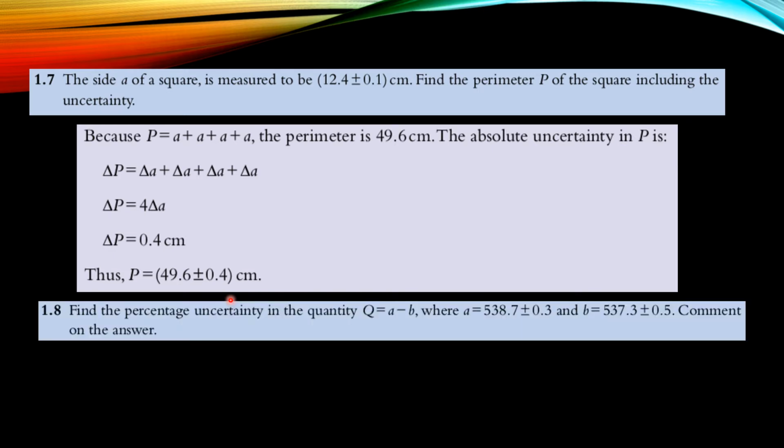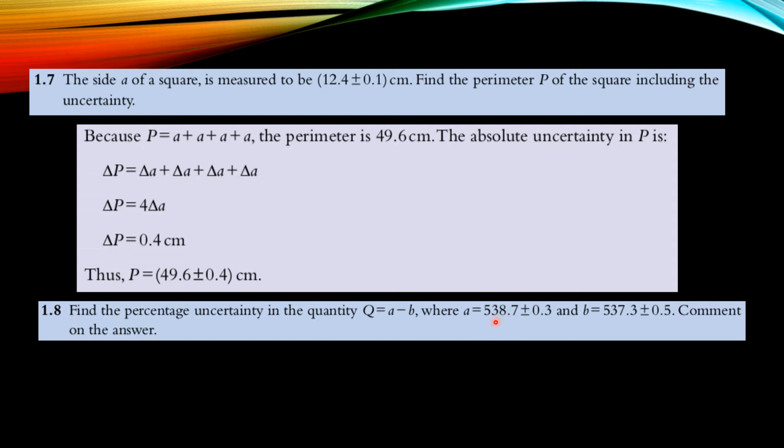If we're finding the percentage uncertainty in the quantity A minus B, where this is A and this is B, then we're going to have something quite interesting. Now you'll see that A is very similar in size to B. So when you take A minus B, the value is going to get really small.